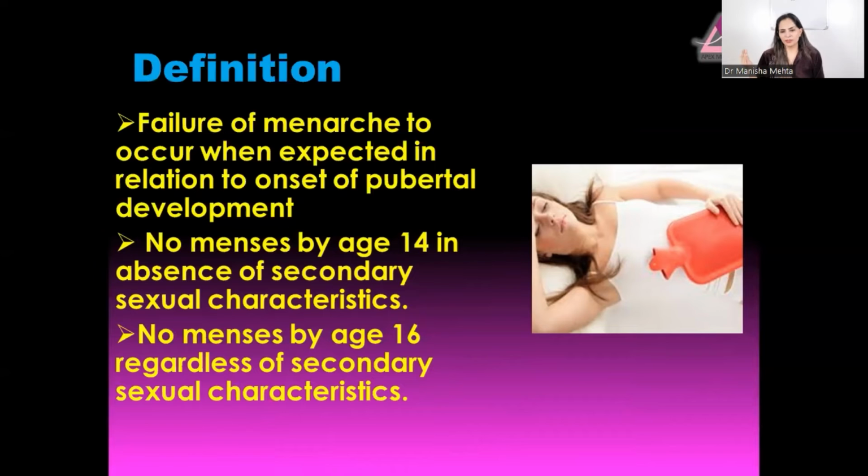Our menarche happened 2 years earlier than our grandmothers', and definitely this generation has more understanding and more exposure, so the menarche is going much lower in age. But when we see secondary sexual characters, we can wait till the age of 16 years. But if there are no secondary sexual characters, it is high time that we start taking action even by the age of 14 years.